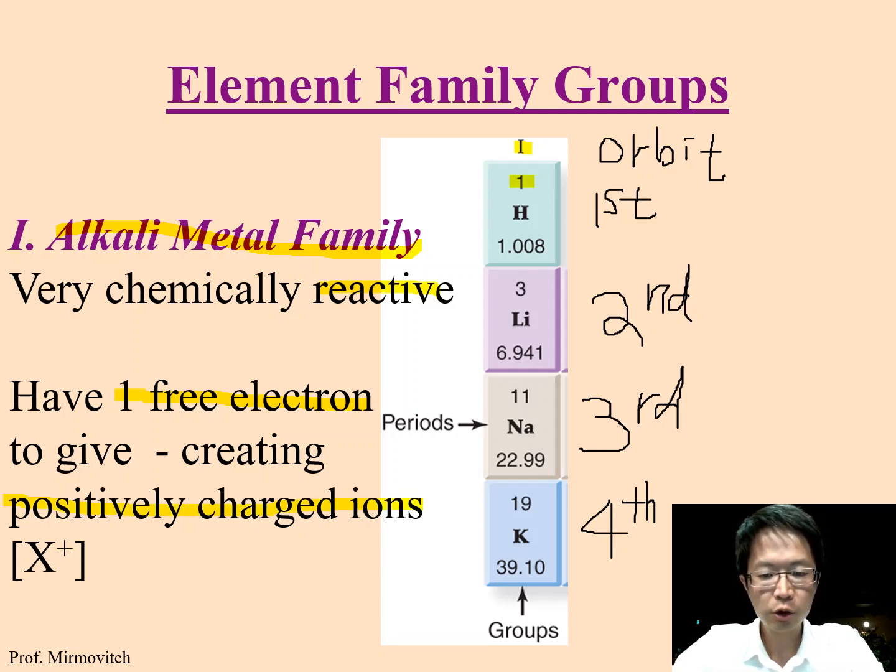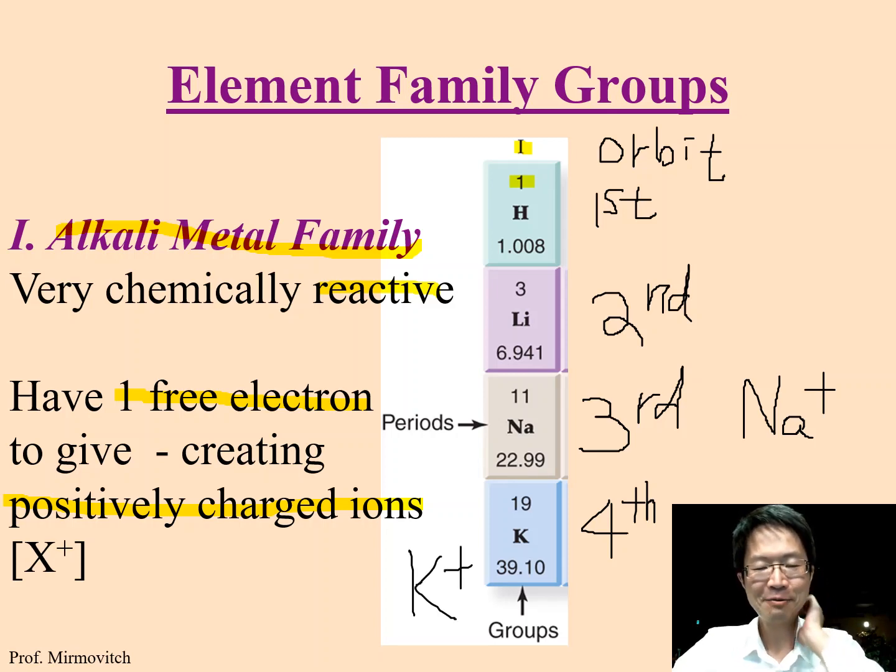That's why we have sodium plus, one positive charge, and potassium plus. That's why the ions of sodium and potassium are positively charged, and it's only one plus. And remember, sodium and potassium are important for the nervous system.